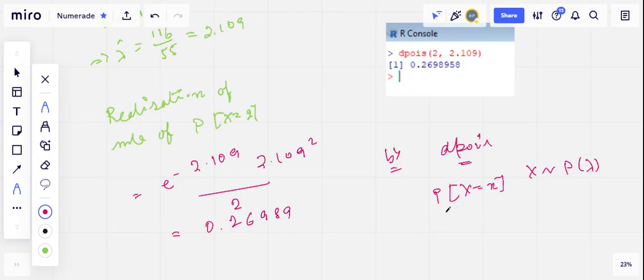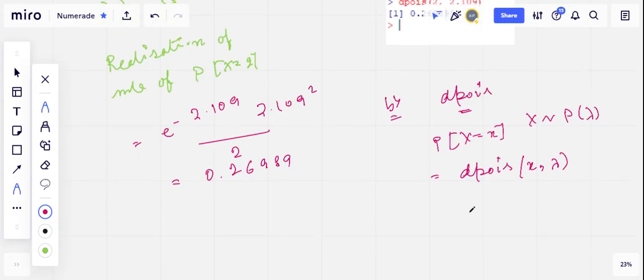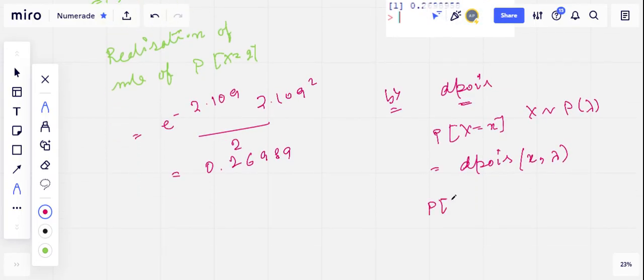Now probability X equals x, we get dpois. If we write in R this function dpois, the first argument will be small x and then lambda. So here we have to find probability X equals 2, the realization of this MLE.